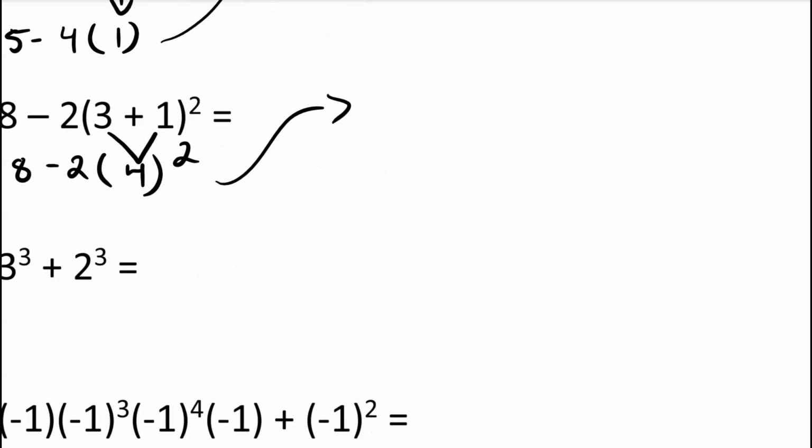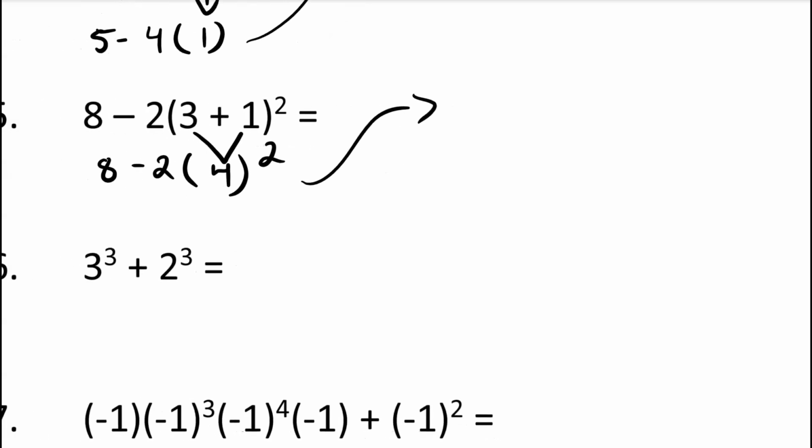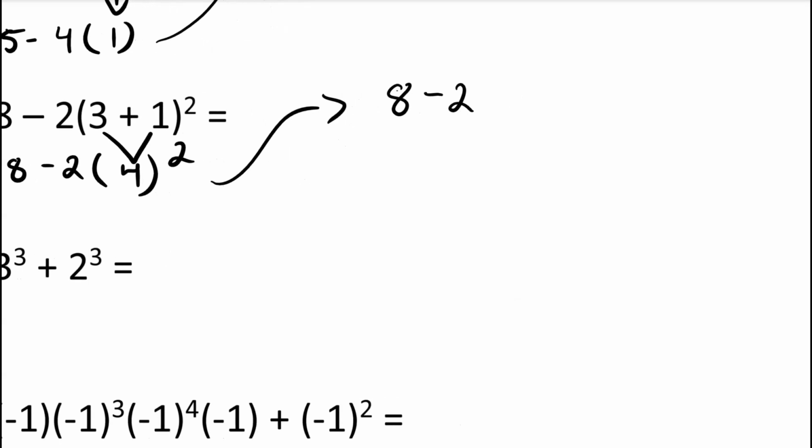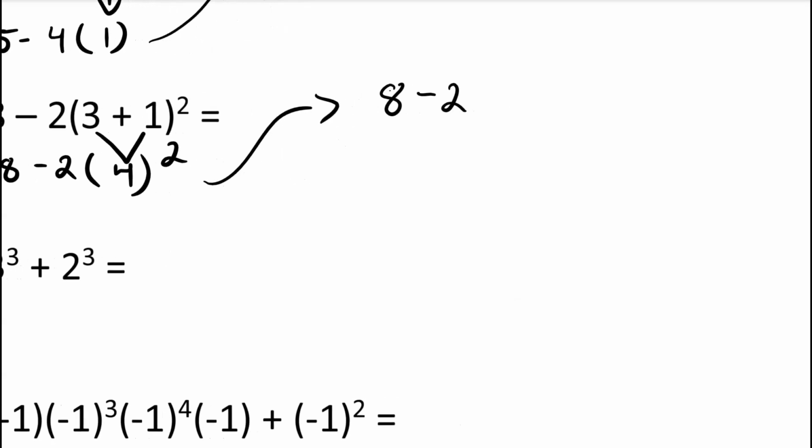Continue this over here. The next thing that we want to address is our exponent. So we're on B, then E. So we're going to look at the exponent of 2. The 8 subtract 2 comes down again, and 4 squared gives us 16.